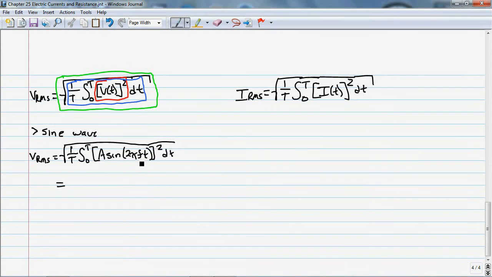Well, this is in terms of frequency. I'd rather have it in terms of the period. So that's just going to be the square root of 1 over T, integral from 0 to T, amplitude times sine of 2 pi over big T times little t, squared dt.